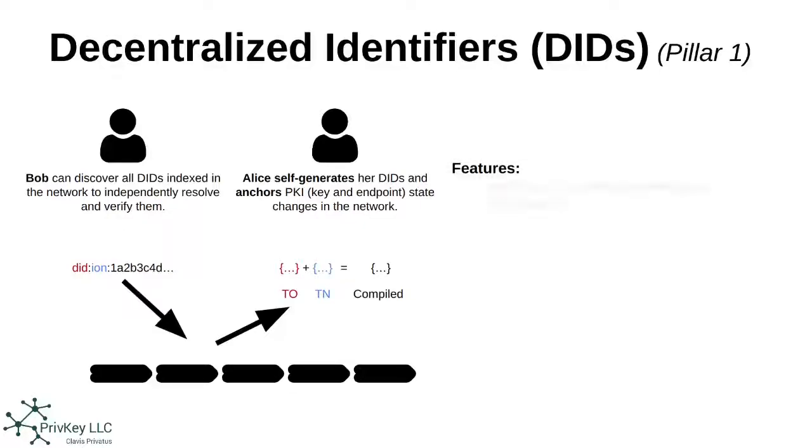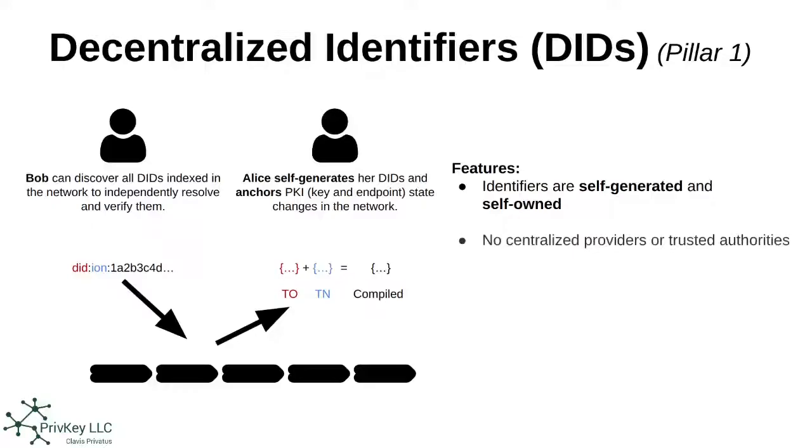Now, what features does this bring? The identifiers are self-generated and self-owned, meaning that Alice, in this case, is generating that identity. She can prove who she actually is, and she can put those credentials out there. At least a public key is generated, and Alice controls it.